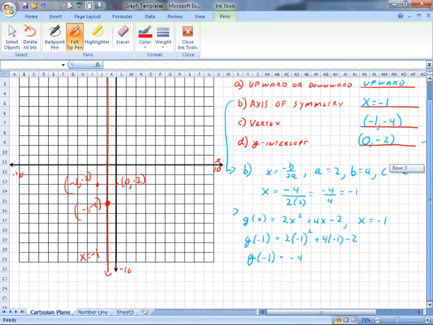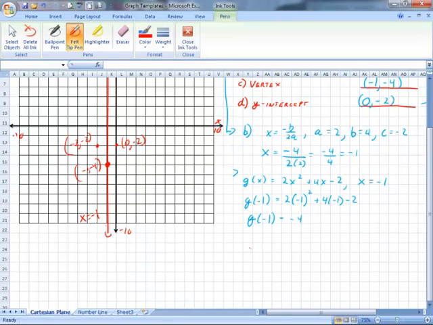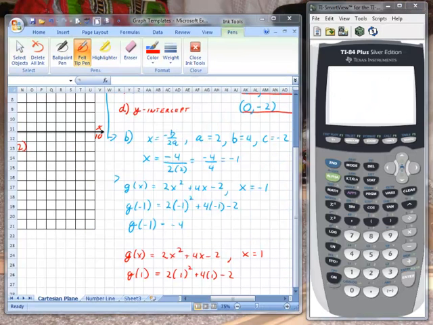Because I'm running out of room here, I'm going to make some more room for myself. I want to plug in for g of x equals 2x squared plus 4x minus 2 another value. When x is equal to 1, what happens? g of 1 is equal to 2 times 1 squared plus 4 times 1 minus 2. Let's use our handy dandy calculator.